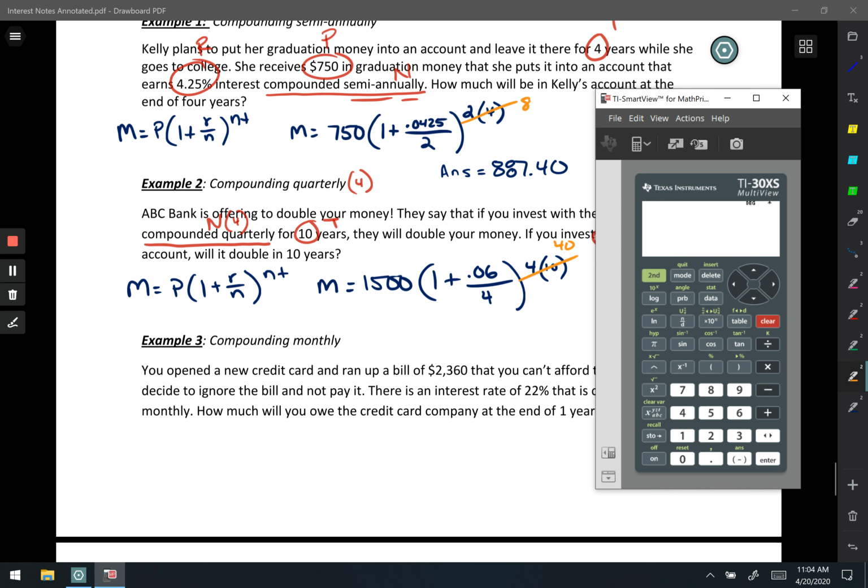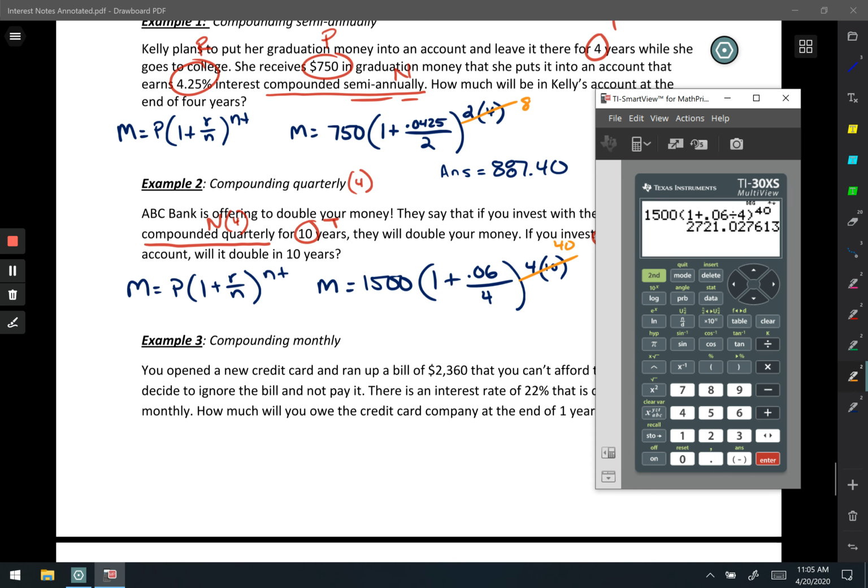And now I have the problem I can put in the calculator. So I clear my previous one. I go 1,500, parentheses, 1 plus 0.06 divided by 4. Close the parentheses. Carry it to 40. Enter. It gives 2,721.03 when rounded correctly.